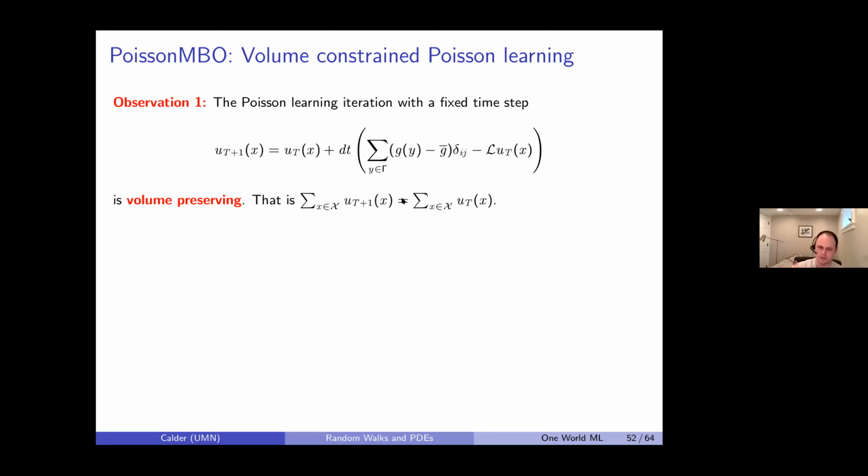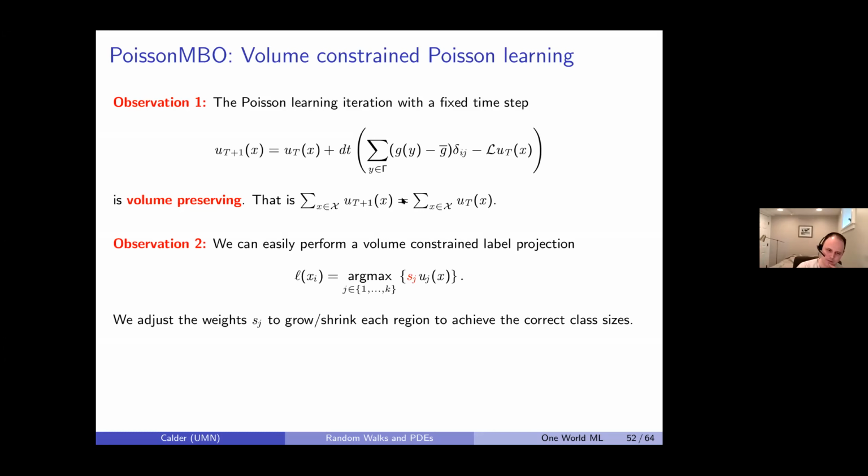If they're one-hot vectors, it means you're preserving the number of points in each class. Of course, they diffuse away from one-hot vectors. So you alternate this with a volume-constrained label projection, where we adjust the weights with a very simple automatic algorithm to get the right number of points in each class when you project. You can think of this as, if you grow or shrink S_j, you're growing or shrinking the region for class j.